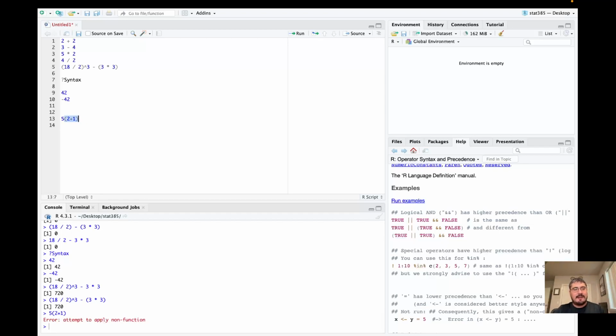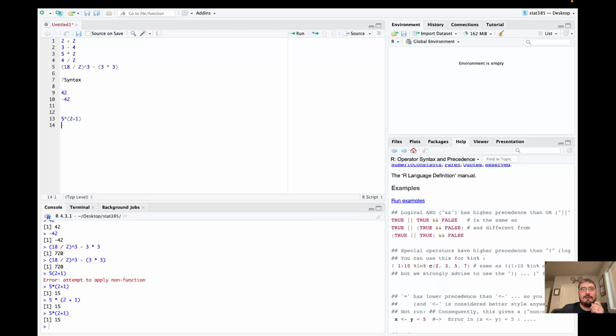This type of notation, the parentheses here, is usually relevant for functions. So we can see it says we attempt to apply non-function. R doesn't like it, so it complains. So actually, to set up the multiplication, we have to use the operator. And yeah, I like to add spacing when possible because I think it's easier to read, but you can, of course, compress this.